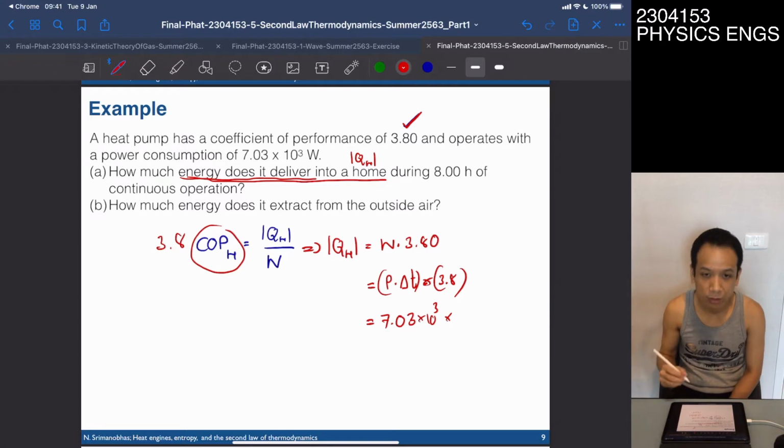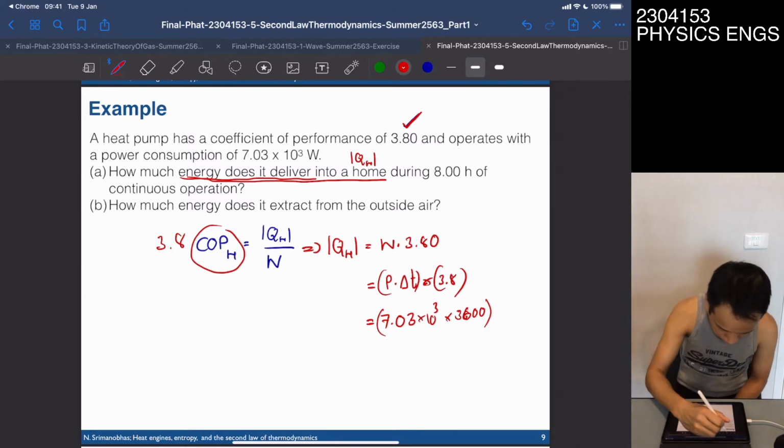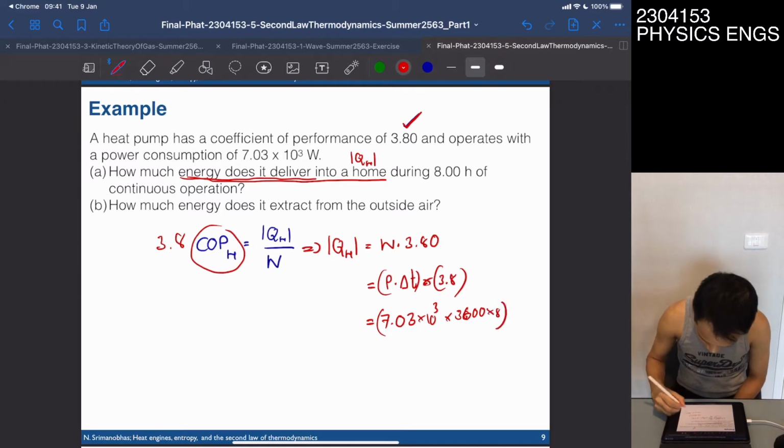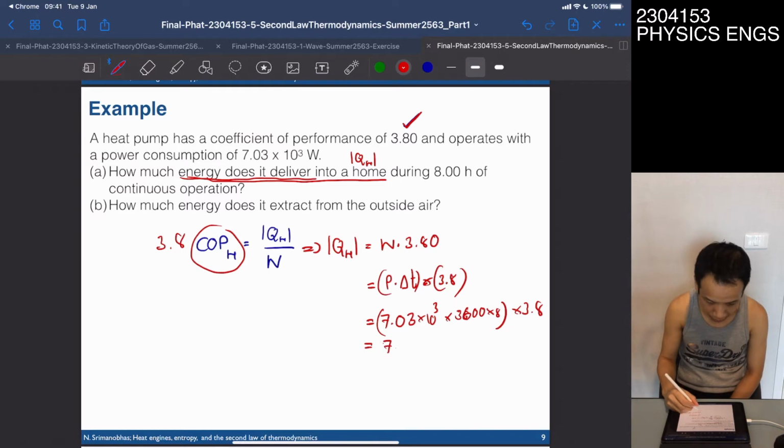One hour has 60 minutes, one minute has 60 seconds, so it's 3,600 seconds, times 8 because it's 8 hours, and then times 3.8. Let's calculate that. You get about 7.7 times 10 to the 8 joules.